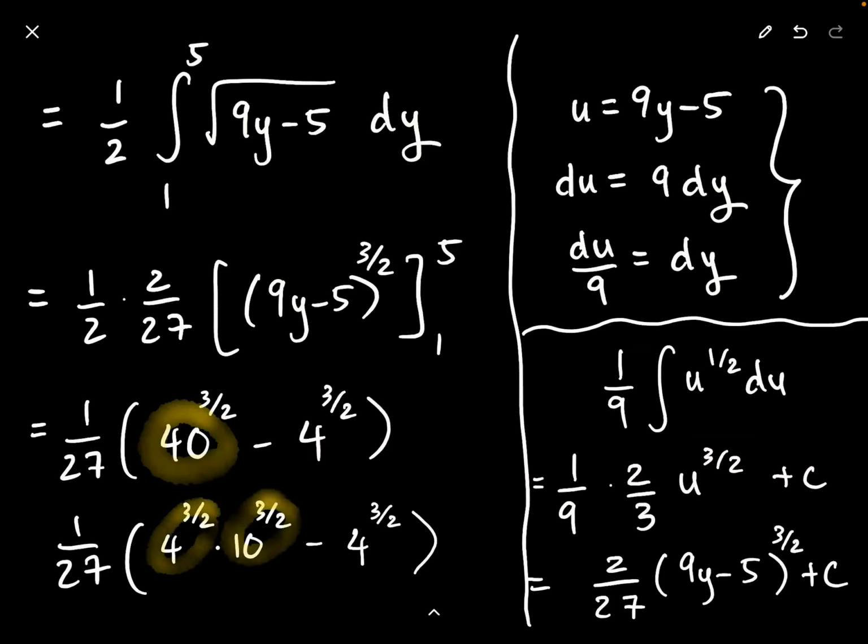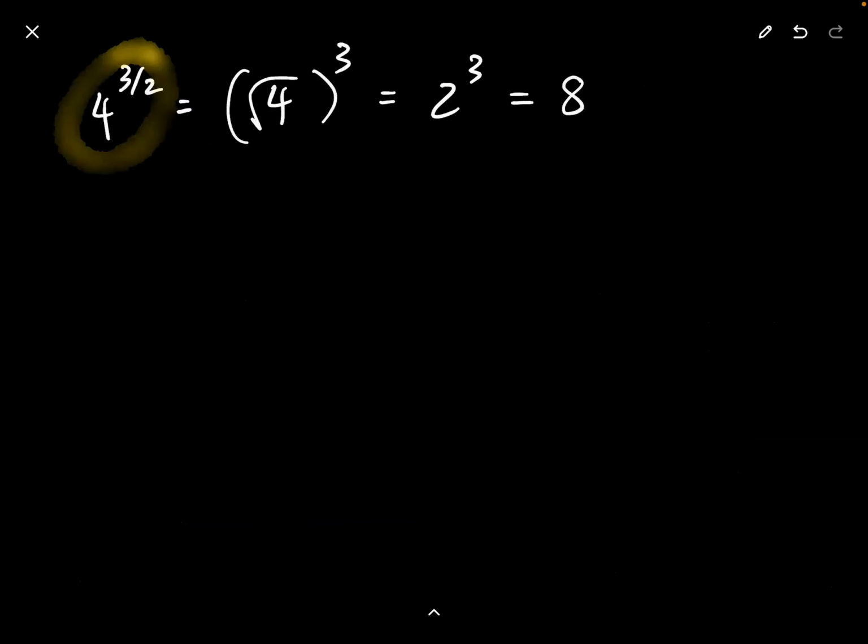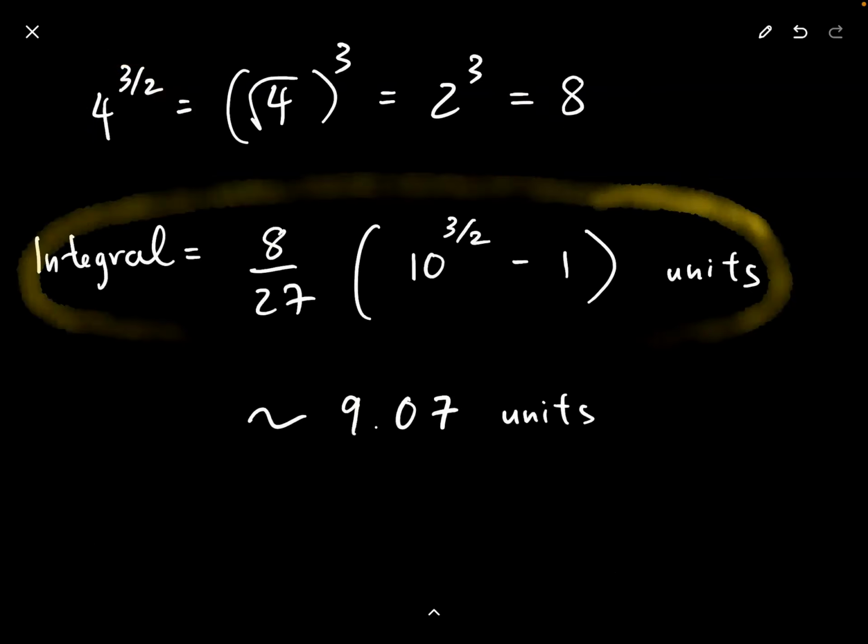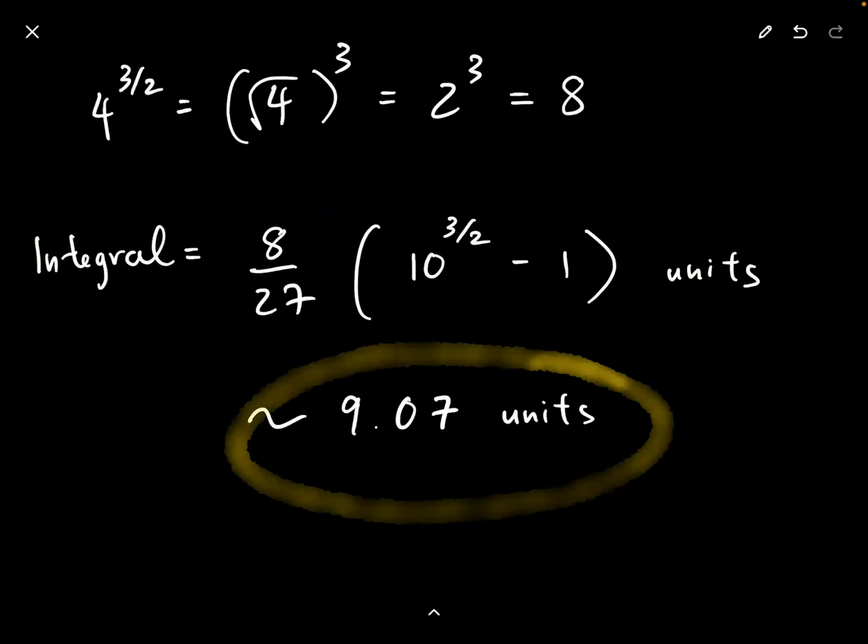In this case, you can take out a factor of 4 to the power 3 over 2 from both terms, which will make it look nicer. So the square root of 4 is 2, and 2 cubed is 8. So that means we can factor out 8 in the front. So the integral becomes 8 over 27 times 10 to the power 3 over 2 minus 1 units. So you can check that the arc length is around 9.07 units.